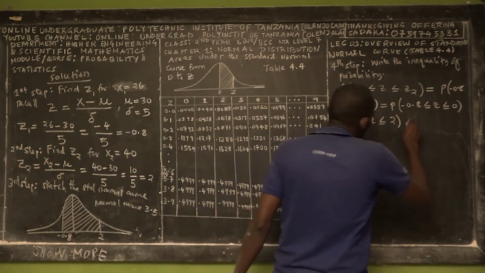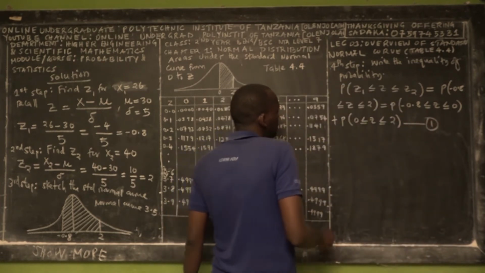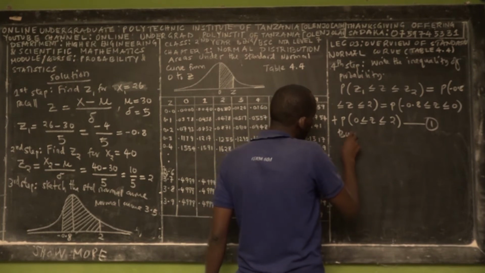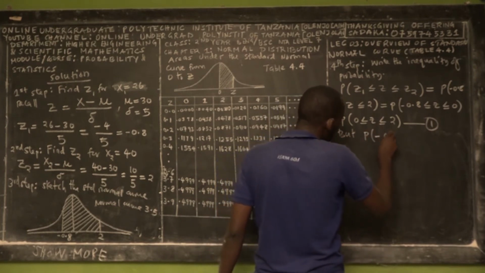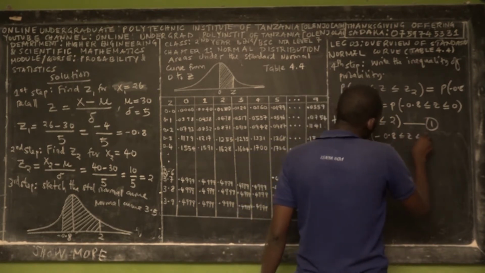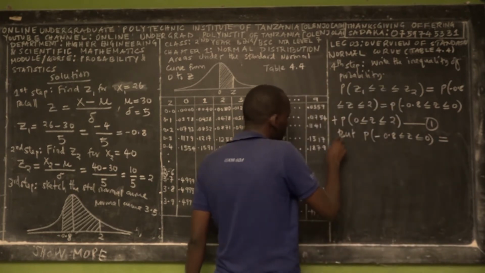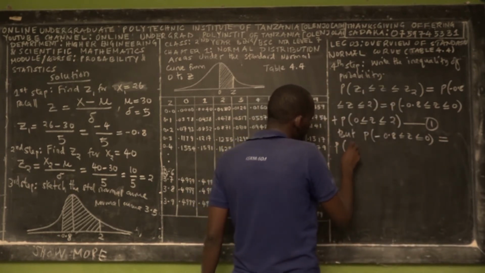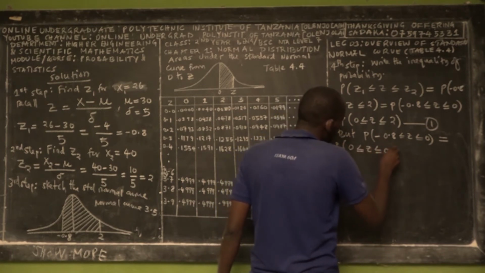Suppose that this is equation 1. But by the symmetry concept, the probability from negative 0.8 less than or equal to Z less than or equal to 0 is equal to the probability of 0 less than or equal to Z less than or equal to 0.8.